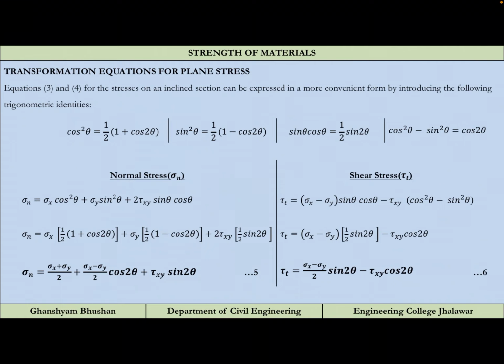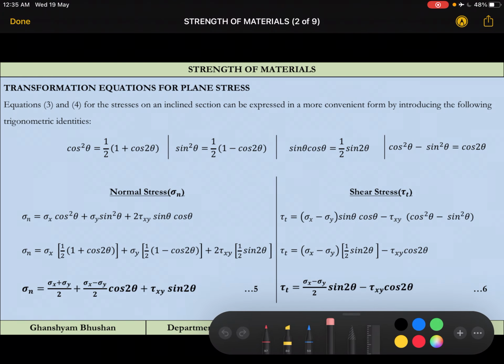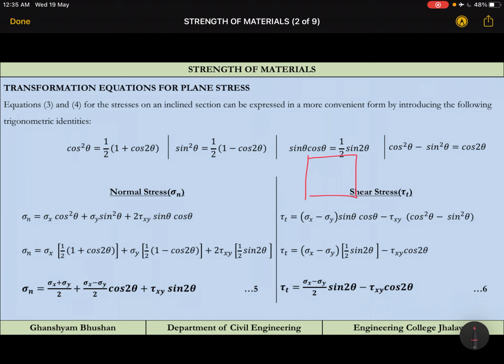To apply this equation, the state of stress should be very clear. So this was the state of stress and this was the angle. Again I'm telling you, if the plane is like this and you are taking theta here, then this theta will be minus theta. Or you can take this angle, and this will give you the same result.